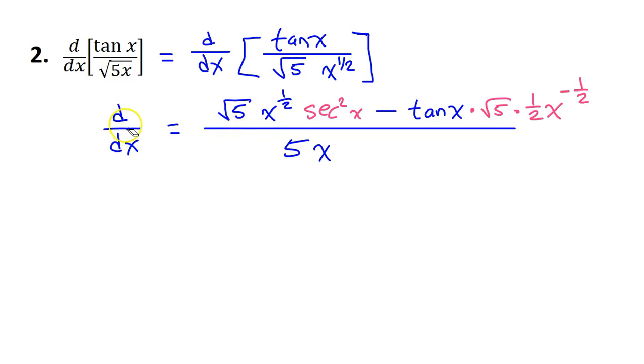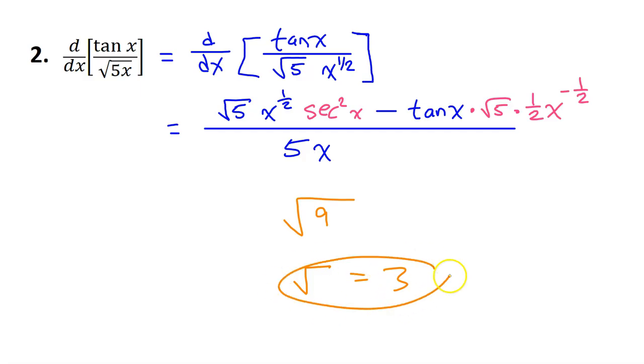Do not ever write d dx by itself and then set that equal to something. That would be like saying the square root of 9 and then writing the square root with nothing in it is equal to 3. This does not make sense, and neither does this.